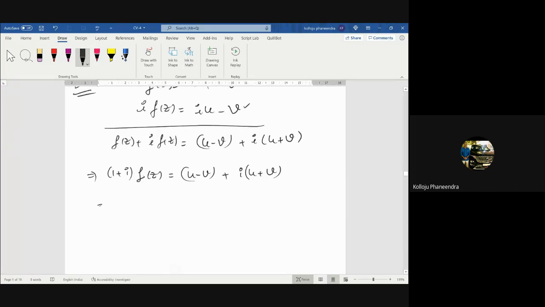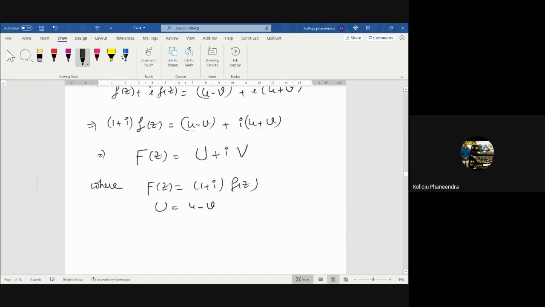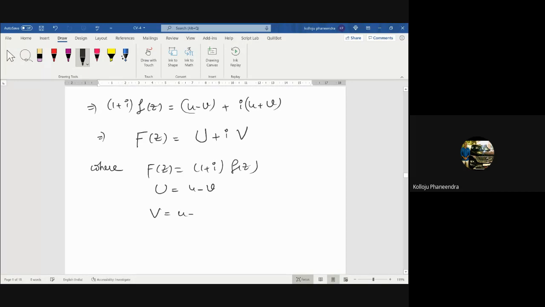Right? I am taking this as capital F of z, this as capital U, i into this as capital V, where capital F of z is 1 plus i into small f of z. Capital U is u minus v, and capital V is u plus v.